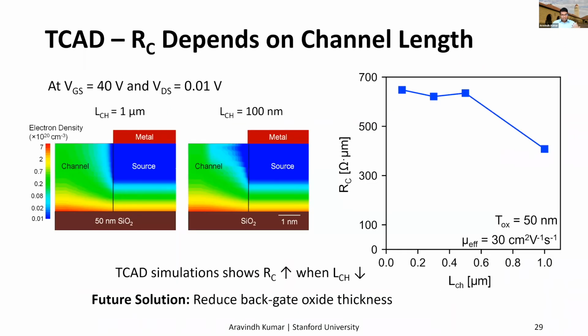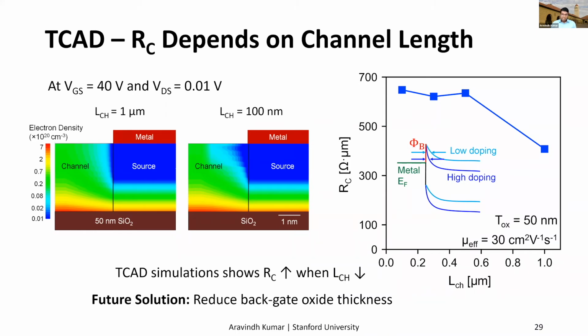We extract the RC, or the contact resistance, for these structures, and we see that there is an increase when you reduce the channel length. This can be explained by the greater depletion in the shorter channels, causing the Schottky barrier to be wider and hence less injection at the contacts.